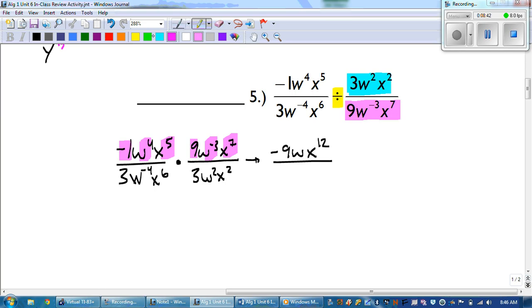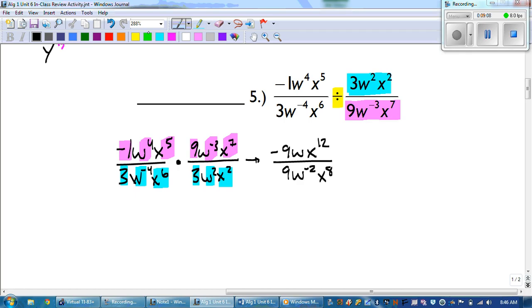Okay. Now, on the bottom, 3 times 3 is 9. W to the -4th and w squared gives us w to the -2nd. And then x to the 6th and x squared gives us x to the 8th.